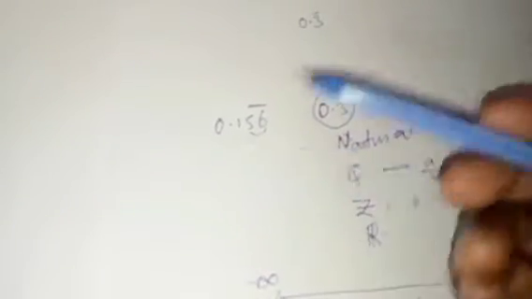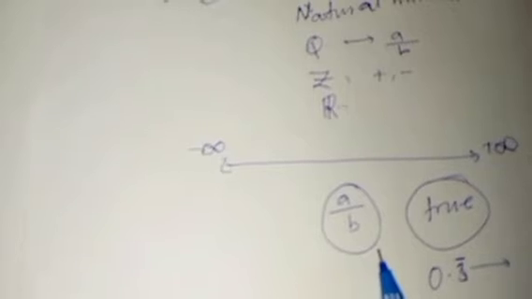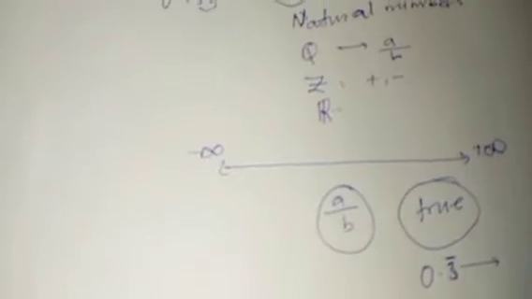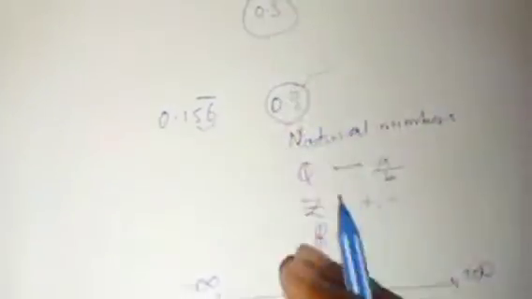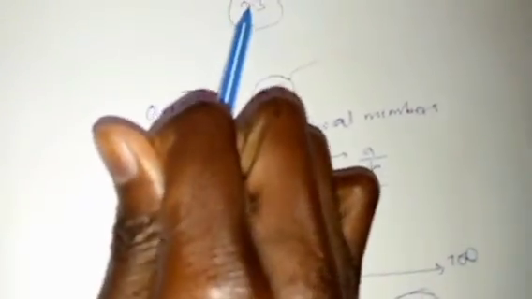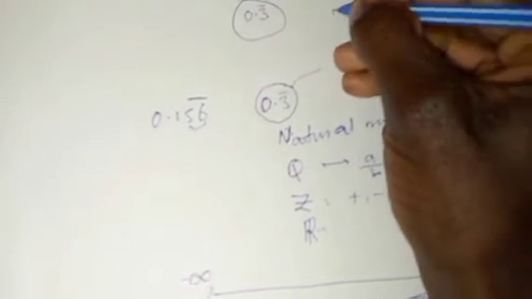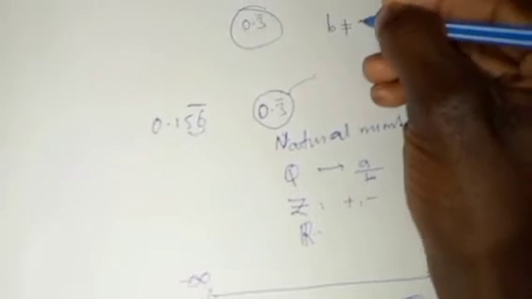Now, for you to come up with these numbers, you express them in the form of a over b. So as long as we express it in the form of a over b, automatically you are saying this is a rational number. Okay, so suppose a question has come like this one, and they say, can you express this in the form of a over b, where a and b are integers and b shouldn't be equal to 0?